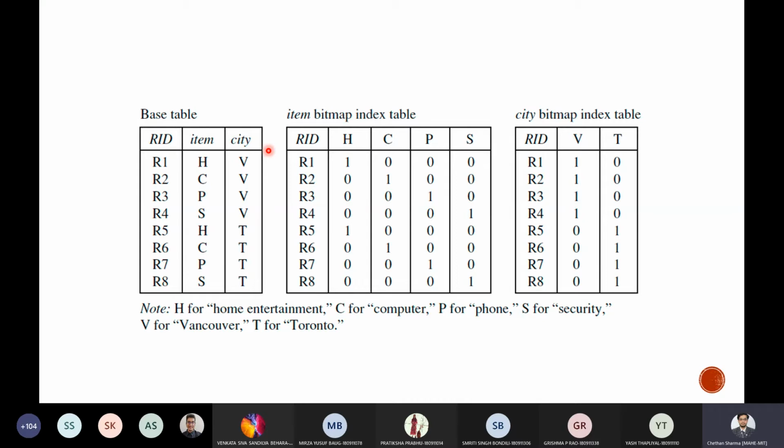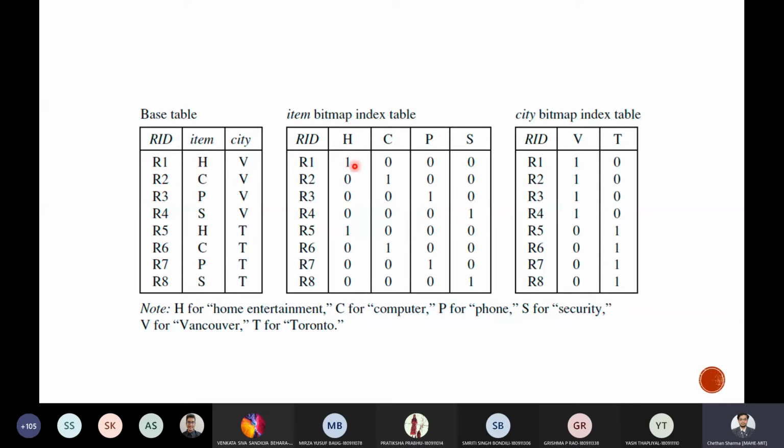So this is how, given a base table, if you are asked to generate a bitmap index table, first you write the record IDs, however many records there are. Then the number of columns will be equal to the number of distinct values under that particular heading. You just see which unique values are there.